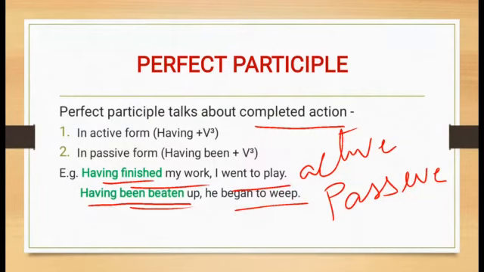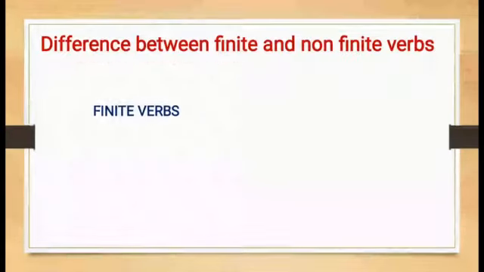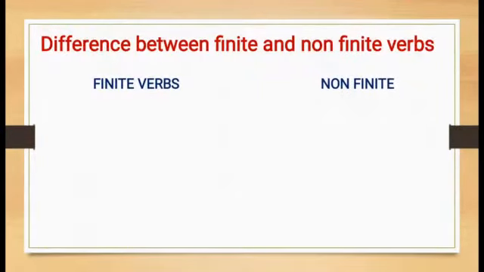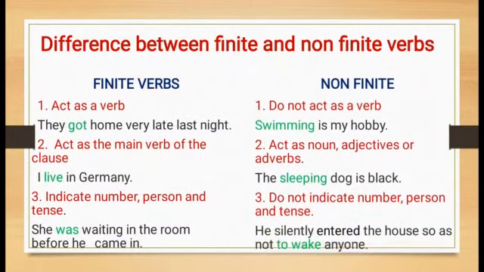So, this is all about non-finite verbs. Let's revise quickly the difference between finite and non-finite verbs. Finite verbs act as a verb, but non-finite verbs do not act as a verb.